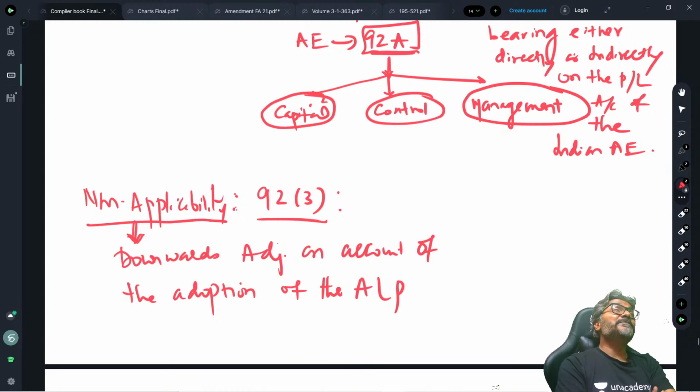Now students, always be careful that the transfer pricing provision which is introduced is actually an anti-tax avoidance measure. This is what the objective of the transfer pricing provision is all about. So if supposedly there is no avoidance of tax on the part of the SSE, will you proceed further to determine the arm's length price of the transaction?